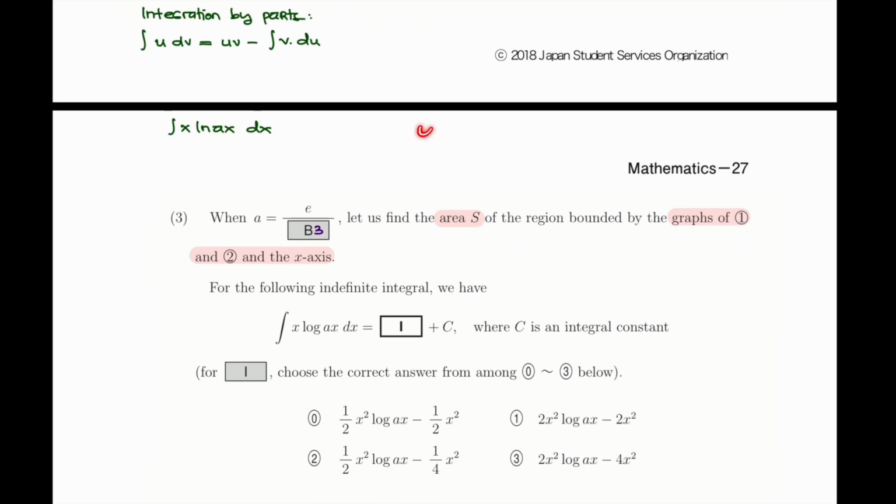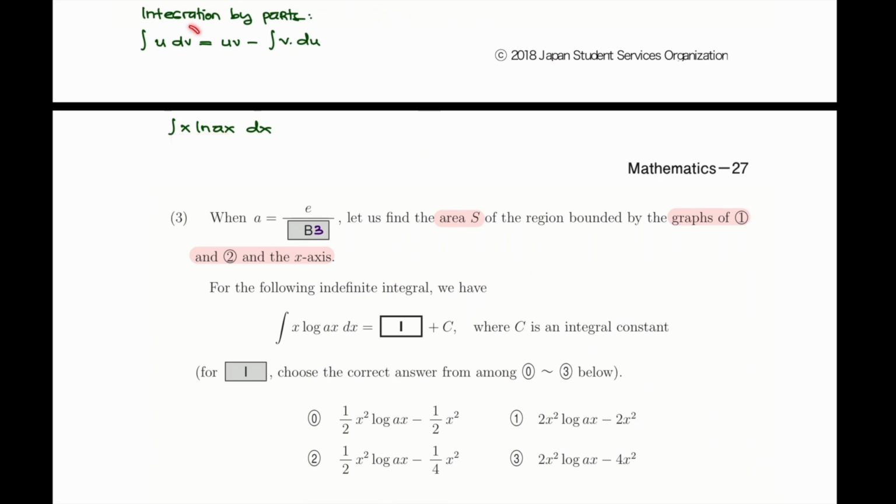Basically, u is the expression that we know the derivative of. We know the derivative of x, we know the derivative of ln ax. So for now, we still cannot decide which one is u because we know the derivative of both expressions.